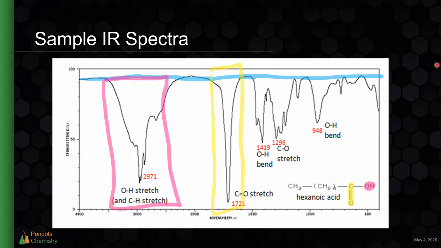And we see a lot of this. This can all be attributed to different parts, some of which will be more common in your AICE exam, some of which will not. But for example, we see here at 1419 a dip that is very common of the OH bond as well. And then right next to it, another dip at 1296 of the carbon-oxygen bond in the carboxylic acids.